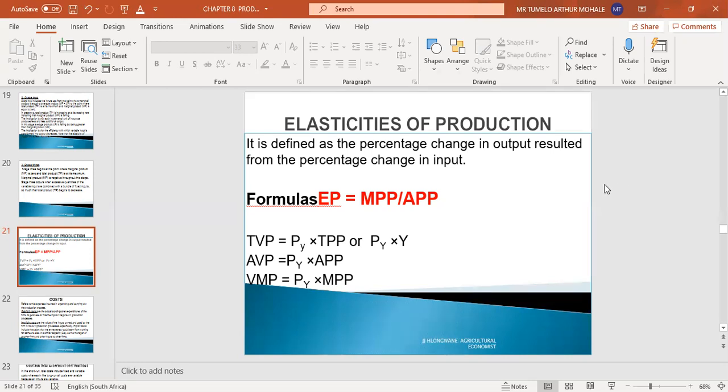Remember the marginal physical product denotes the additional output that the farmer derives as he puts in an additional input in the production process. But don't be confused. You can just interpret in terms of the stages and in terms of APP being greater than MPP or MPP being greater than APP.